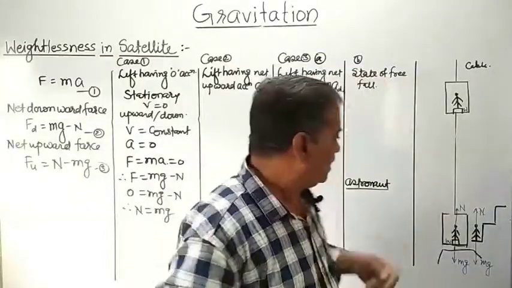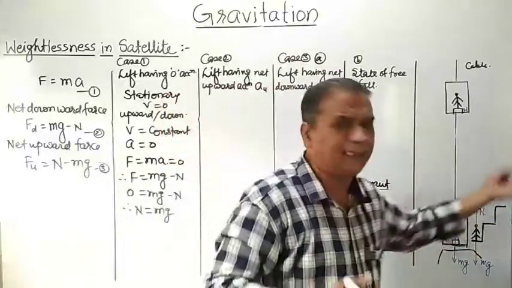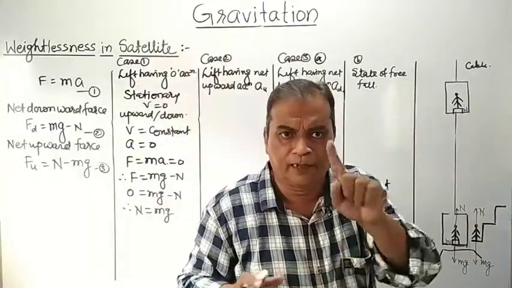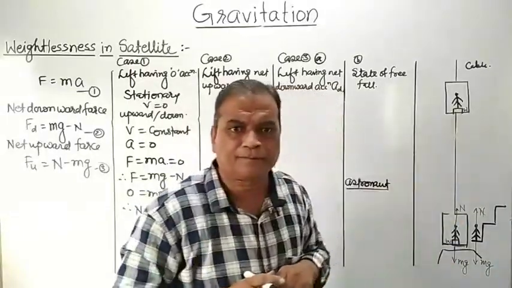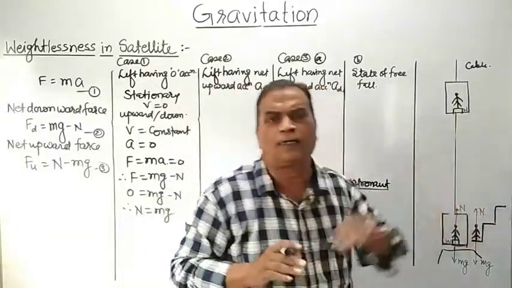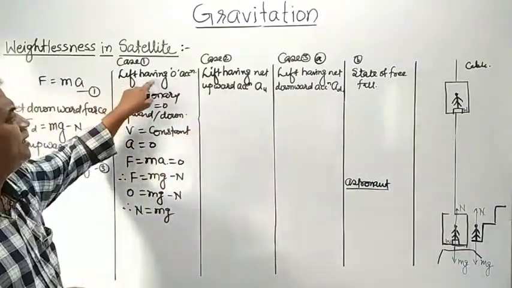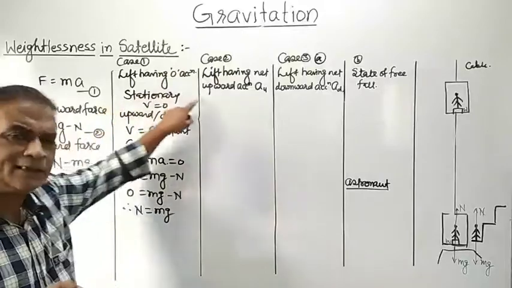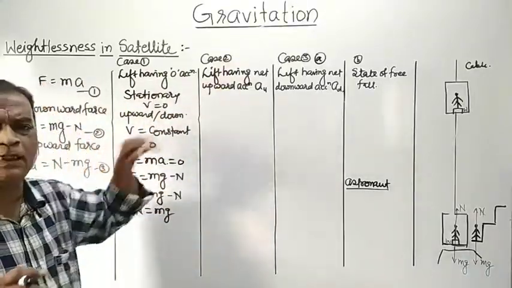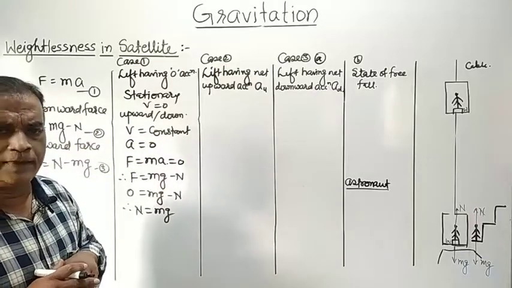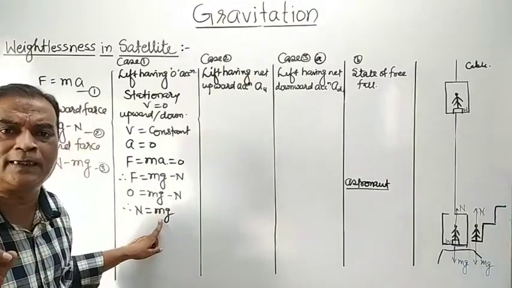It means if a passenger is standing on a weighing machine in a lift or in an elevator, and if the net acceleration of that lift is zero, meaning the lift is either stationary or moving upward or downward with constant velocity, then the normal reaction acting on the passenger is equal to his weight.